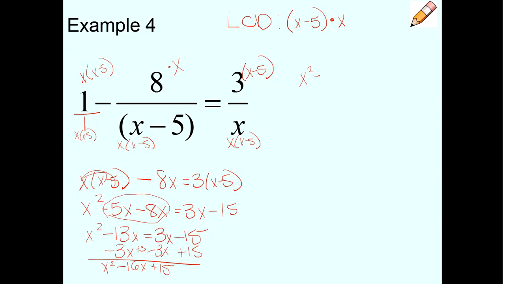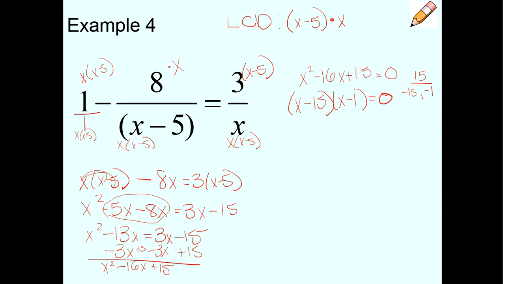Let's write up here. x squared minus 16x plus 15. Just transferring my work. That equals 0. Let's factor. So I got AC of 15, so it'd be negative 15, negative 1. So I got x minus 15, x minus 1 equals 0.